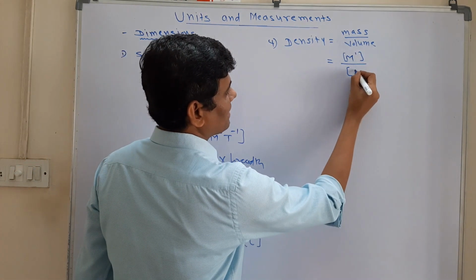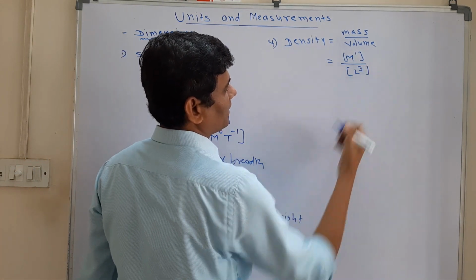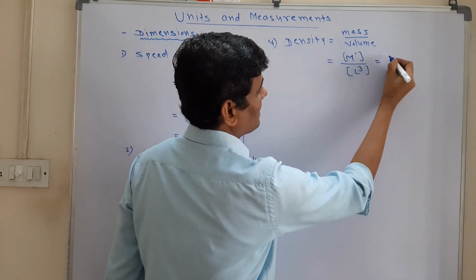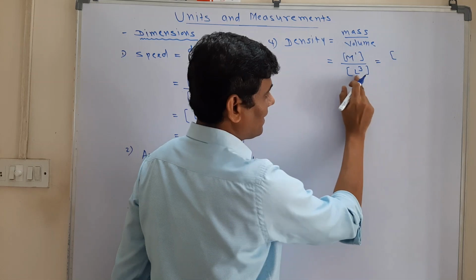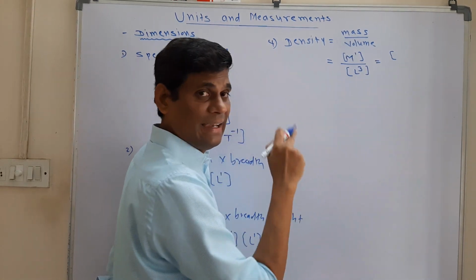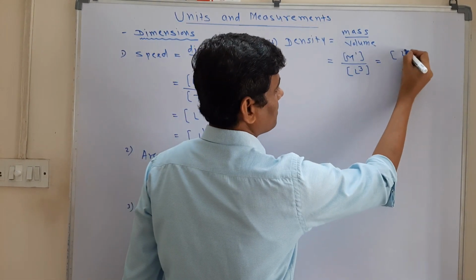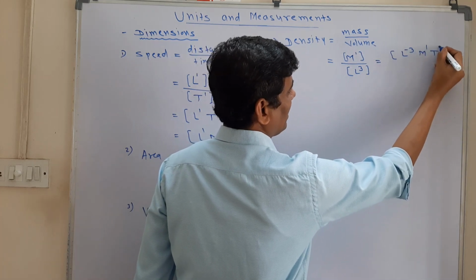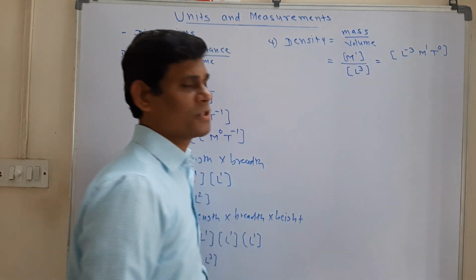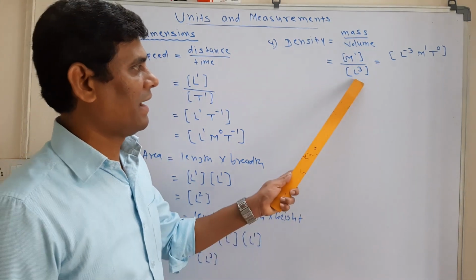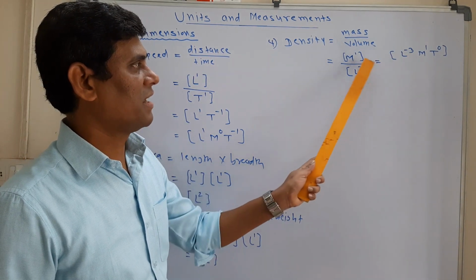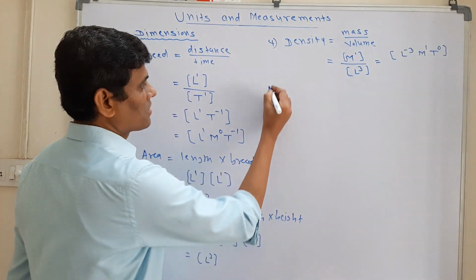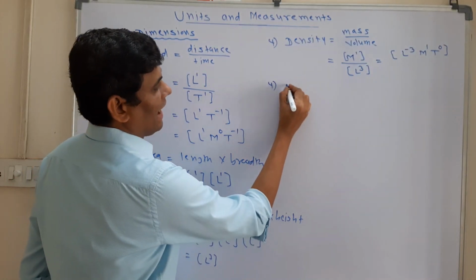We'll take the denominator to the numerator, so we can say L raised to -3. First we write L, so L raised to -3, M raised to 1. T is not there, so if I want to write it, you can write T raised to 0. So L raised to -3, M raised to 1, T raised to 0. Fourth, suppose acceleration.